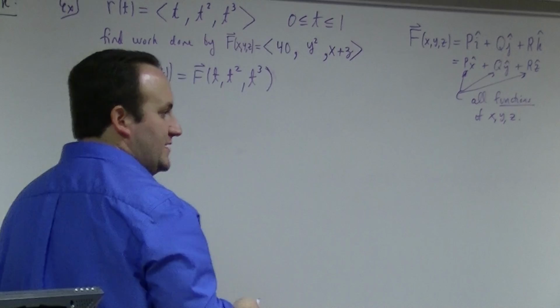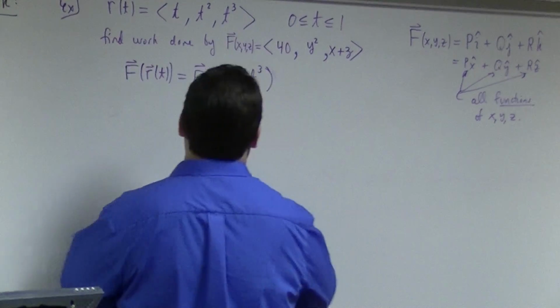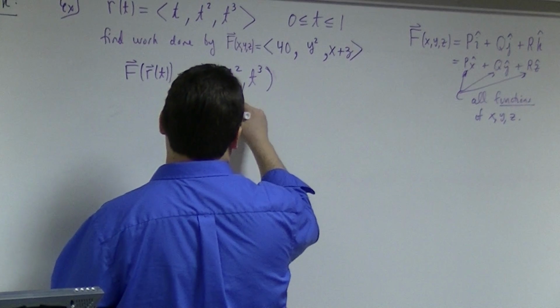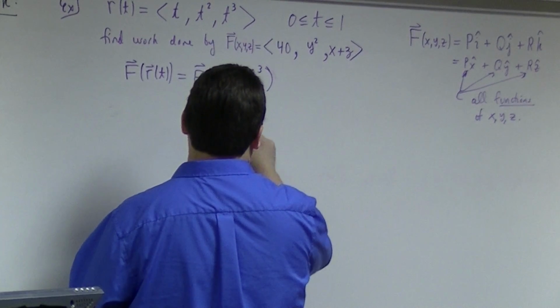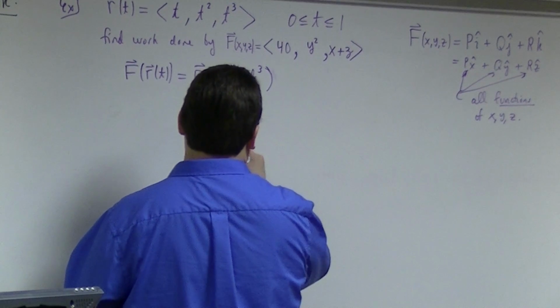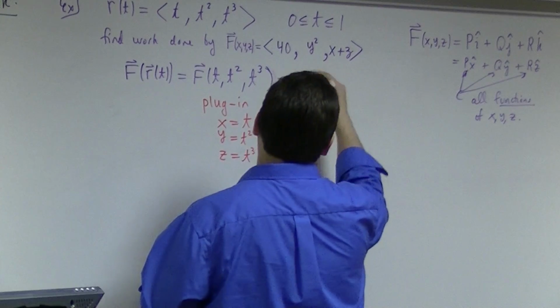What that means is you plug in x equals t, y equals t squared, and z equals t cubed into this formula right here.